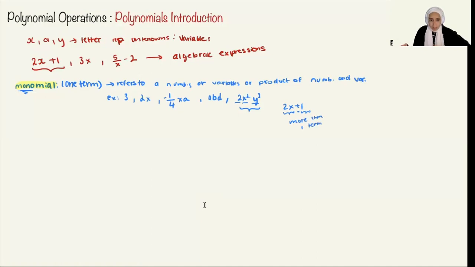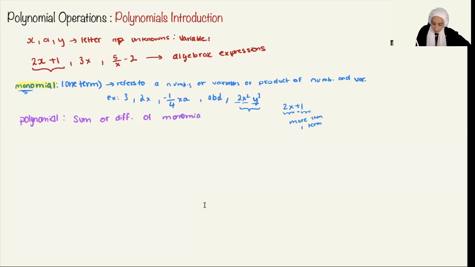Then what is it called when I have more than one term? Or a sum or a subtraction, right? So a sum or a difference of more than one term, we call this, yep, you guessed it, a polynomial. Okay, so what is a polynomial? It is the sum or difference of monomials, right?